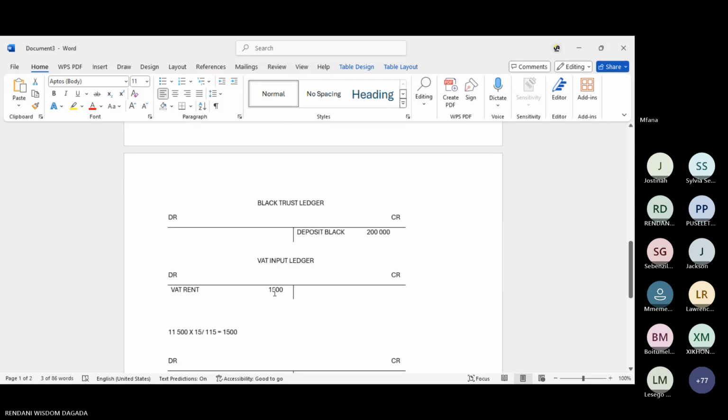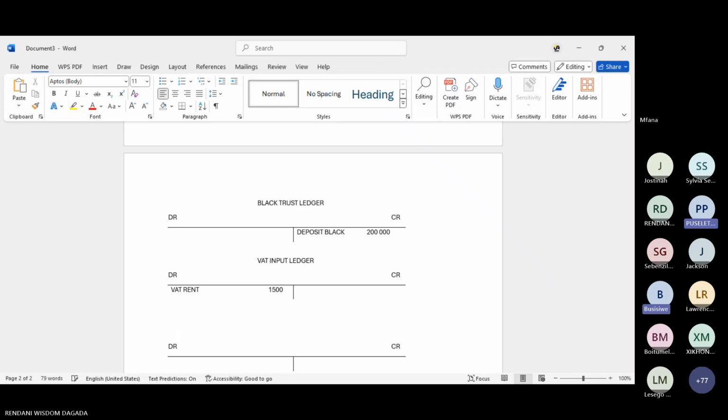Okay. Mike, can I please ask something? On the formula that you just deleted, is it 15 over 115? Why isn't it 15 over 100? Because it's already included.